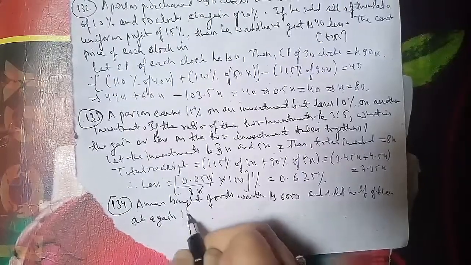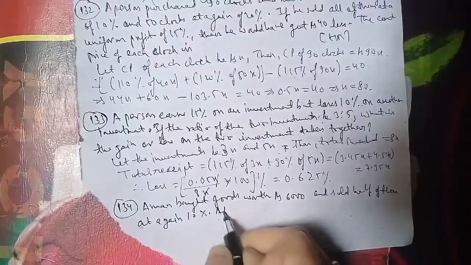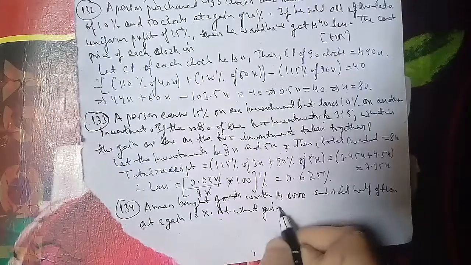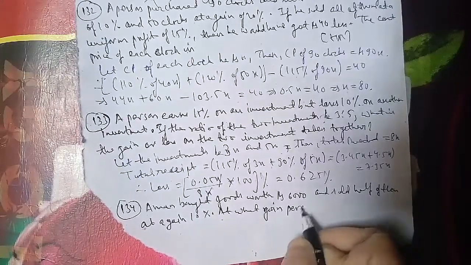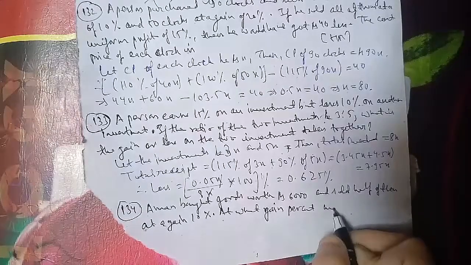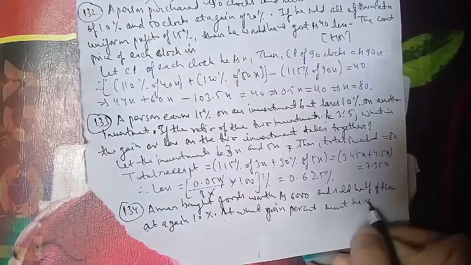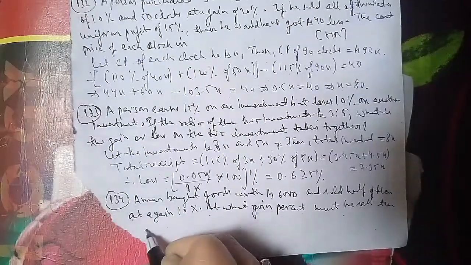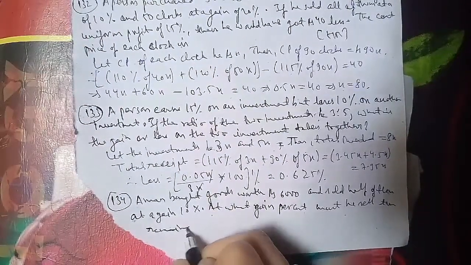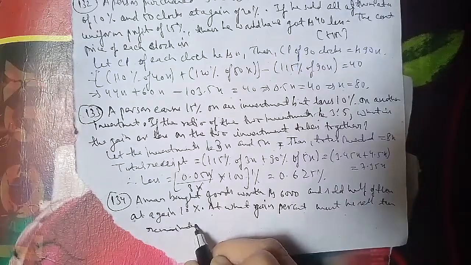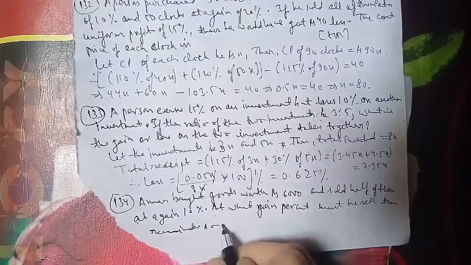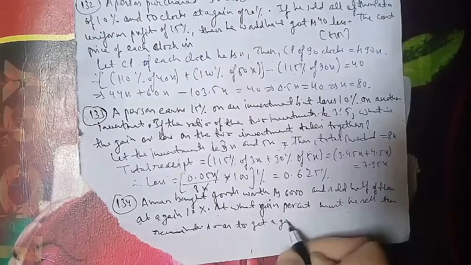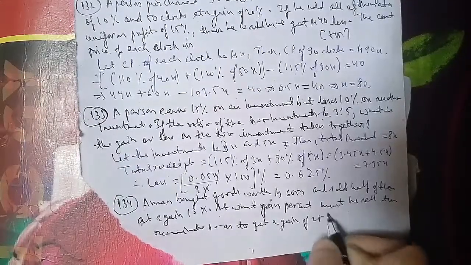At what gain percent must he sell the remainder so as to get a gain of 25% on the whole?